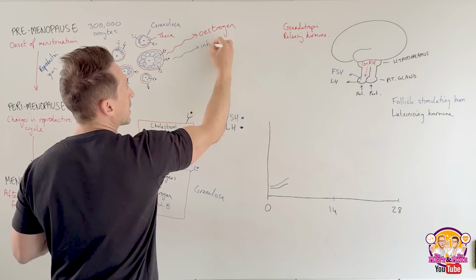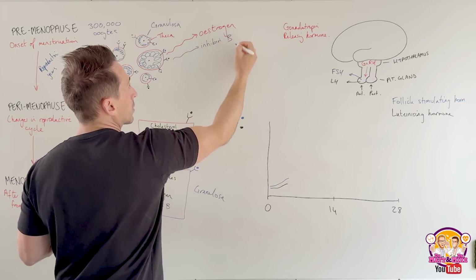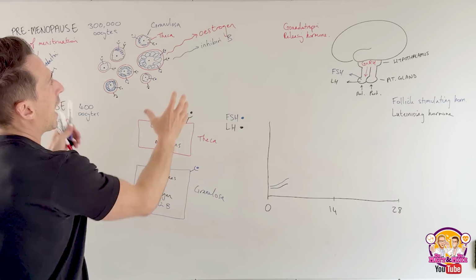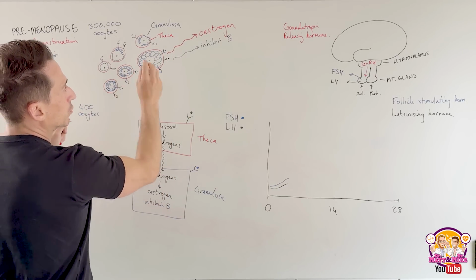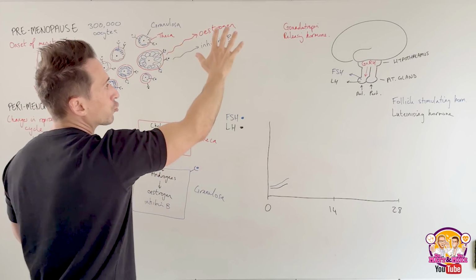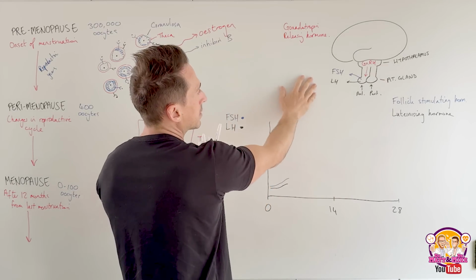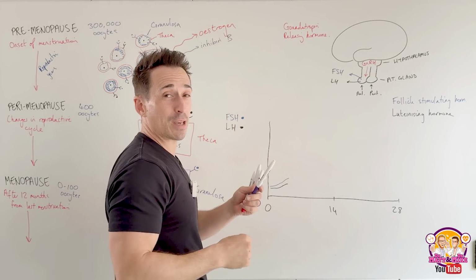Now, inhibin sounds like inhibitory, and that's exactly what it is. It's inhibitory, and I'm going to talk about that in a sec. So, as FSH and LH bind to these follicles, they produce estrogen and inhibin. Estrogen and inhibin travel to the hypothalamus and they inhibit FSH and LH from being released.